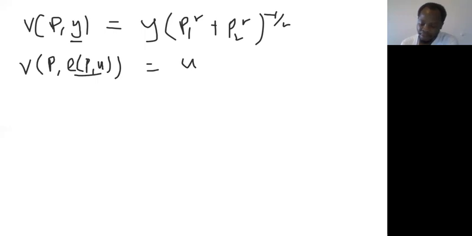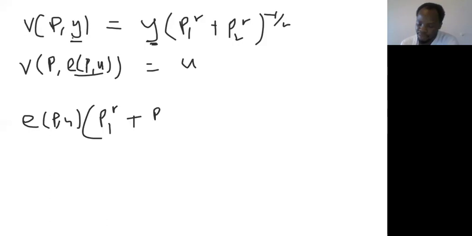Instead of Y here, I'm going to write E(P, U) multiplied by (P1^R plus P2^R) to the power negative 1 over R, equals U. Then because I'm looking for the expenditure function, I make this the subject.